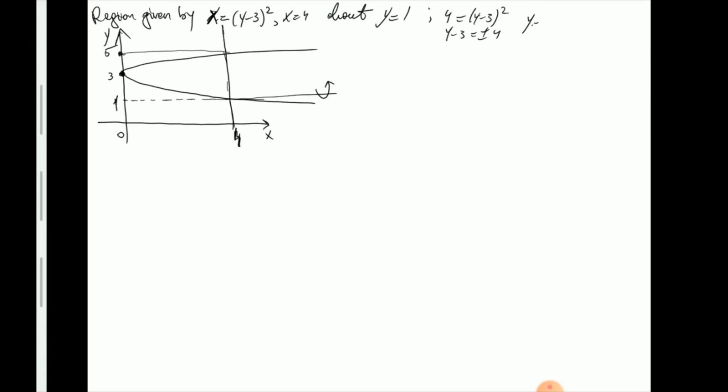So y could be minus 2 plus 3, which is 1. And the other version is 2 plus 3, which is 5. So that's the reason for these bounds 1 and 5 over the y-axis. So this is the region, let's emphasize it here, that is rotated about y equals 1.